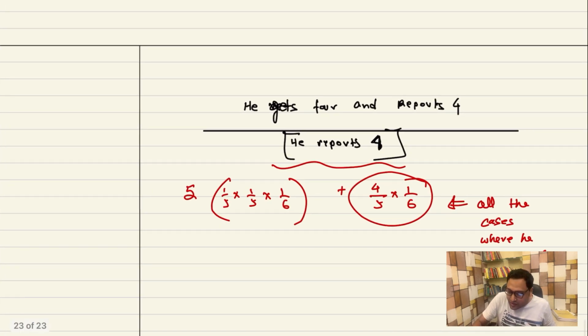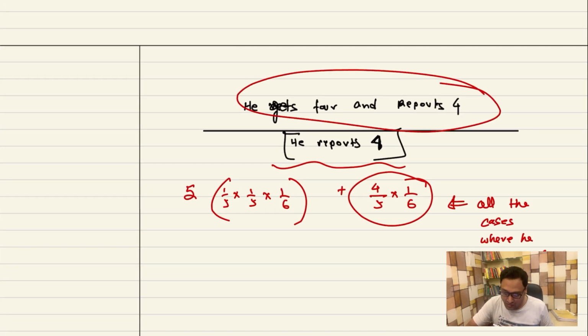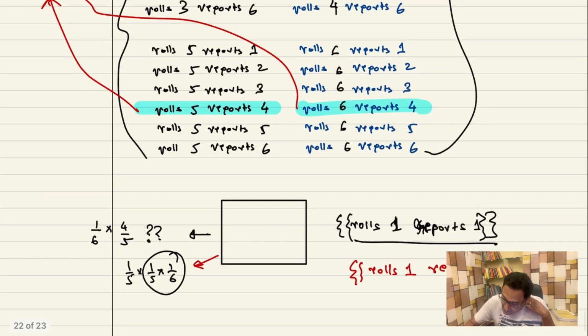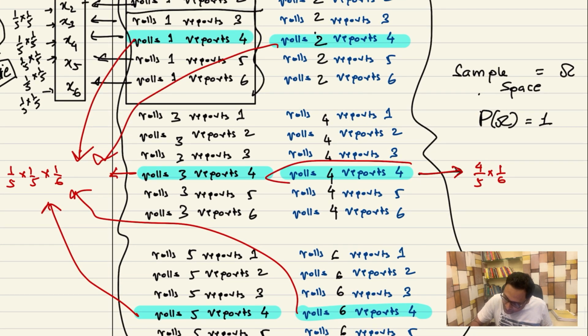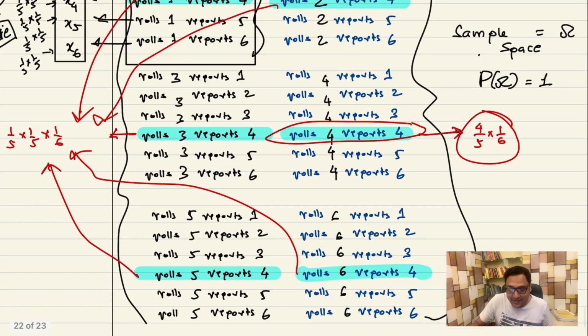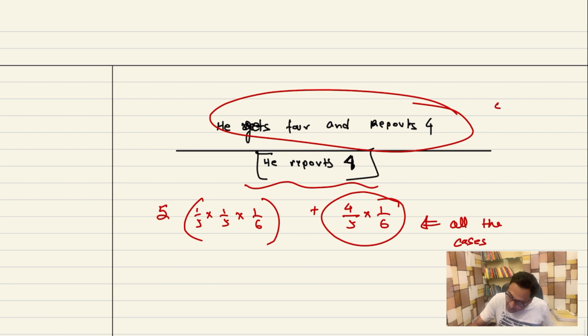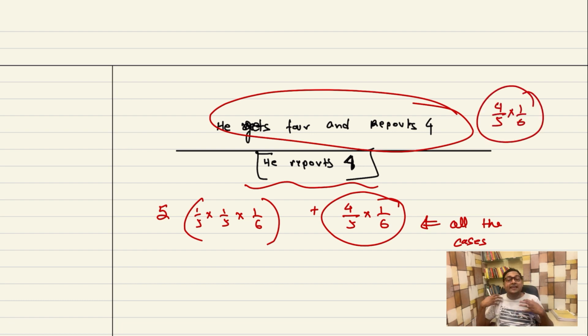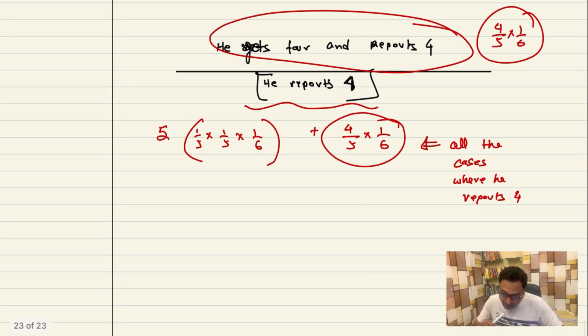And what about he gets 4 and reports 4? Well, that's only one case, 4/5 of 1/6. So that's the final answer: 4/5 of 1/6 divided by 5 times 1/5 of 1/5 of 1/6 plus 4/5 of 1/6.